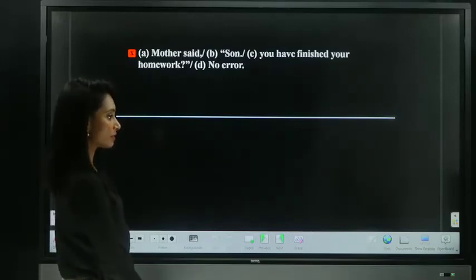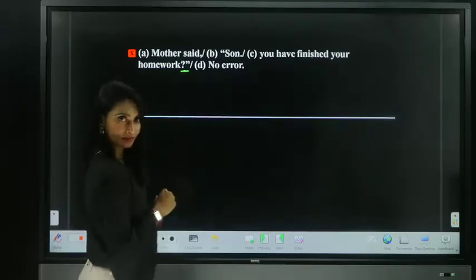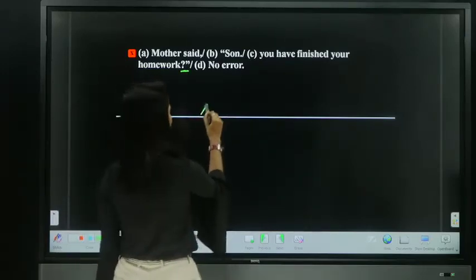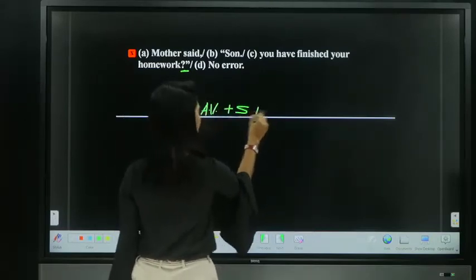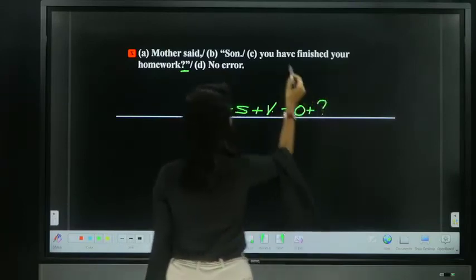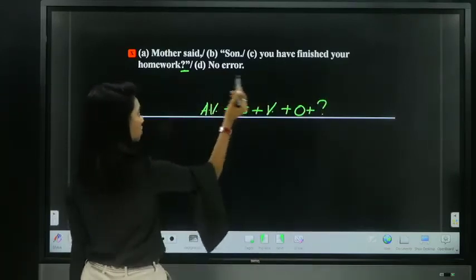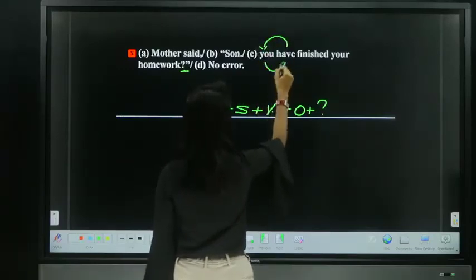Angela, you're right. See, it is a question, right? So a question should be in question form: auxiliary verb plus subject plus main verb plus object plus question mark. But there what is given? You have. But what we require? Have you.